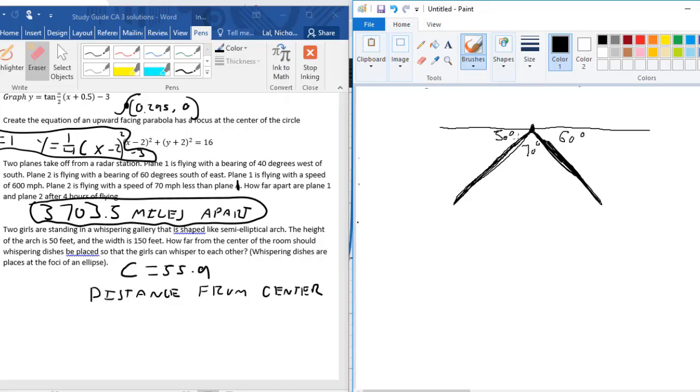And that also means jet plane 1 has a magnitude of 400. Oh, sorry, 600. And jet plane 2 has a magnitude of 530. And we just need to find this direction right here.